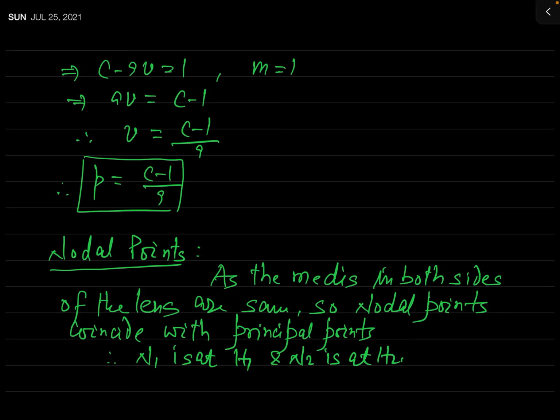In the case of a thick lens, it is convenient to measure the focal length from the principal points, not from the poles. But that we will see in the second lecture. We will also see the thick lens formula. That will be the final lecture on this thick lens.